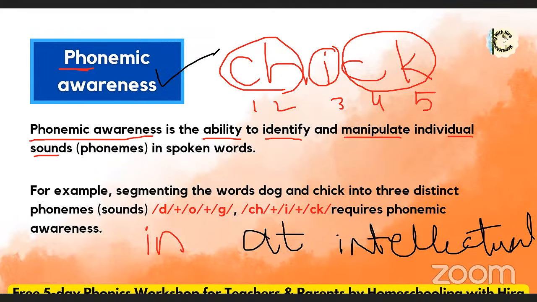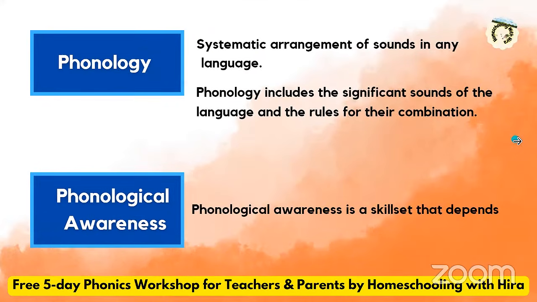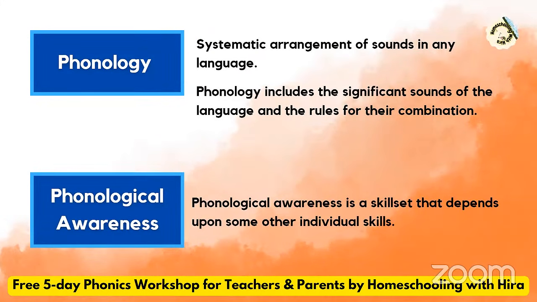And if he is not, it is our responsibility to make him better at this skill or to train him. How to train kids for phonemic awareness? I'll be sharing with you many activities, but not today, right? This will be our topic for tomorrow. Today, we are just learning what these different terminologies are, and then we'll learn about vowels and syllables.